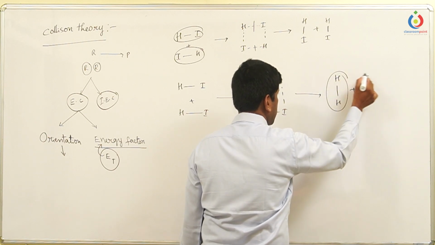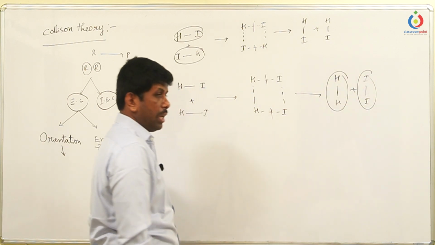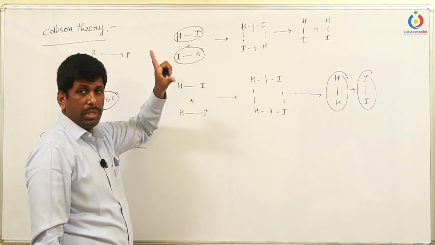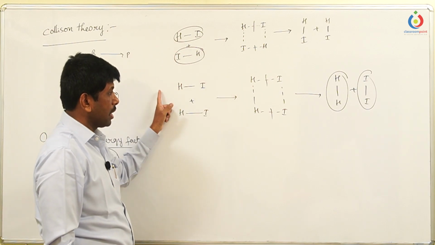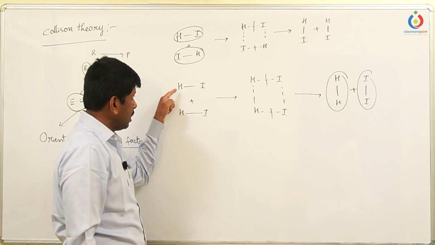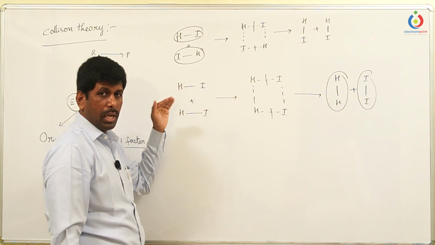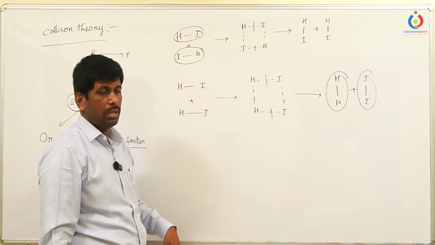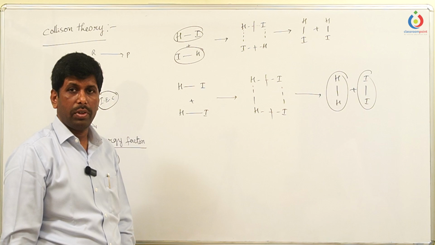So now we have an H2 molecule and an I2 molecule. In the earlier case, reactant molecules do not lead to the formation of the products, but in the second case, they give the products. This is because in the second case, the reactant molecules are in the proper alignment or orientation, so that collisions give the products. In the first case, those collisions are not giving the products.